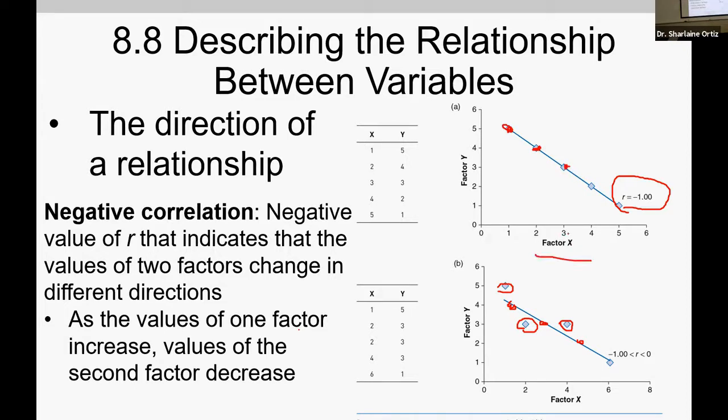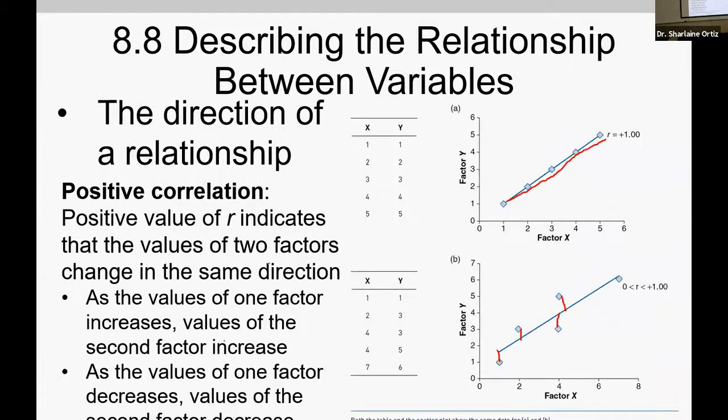If factor X behaves in a certain way, factor Y is going to behave in a certain way, right? In this case, because it's negative, when one factor went up, the other factor went down. And the same here. With my strength, I'm trying to find out the consistency. I want to be able to predict, right? So if I know the value of R, I can do a general prediction that if I have an X score, the Y score is going to behave a certain way.